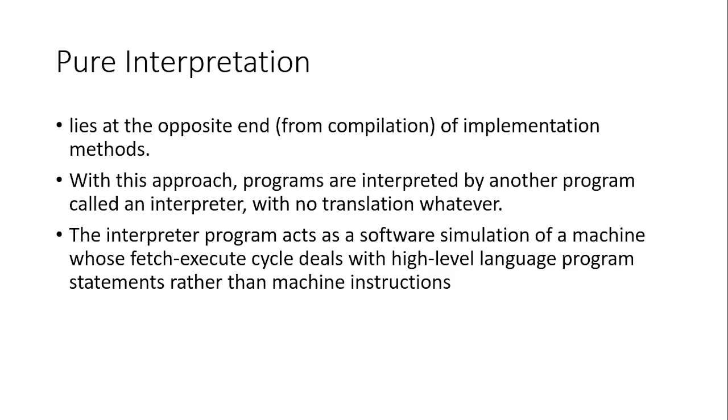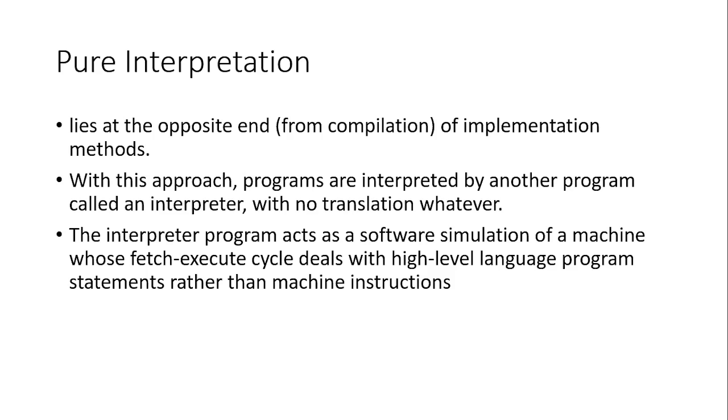Some simple early languages of the 1960s, for example APL, SNOBOL, and Lisp, were purely interpreted. And by the 1980s, the approach was rarely used on high-level languages. In recent years, pure interpretation has made a significant comeback with some web scripting languages.